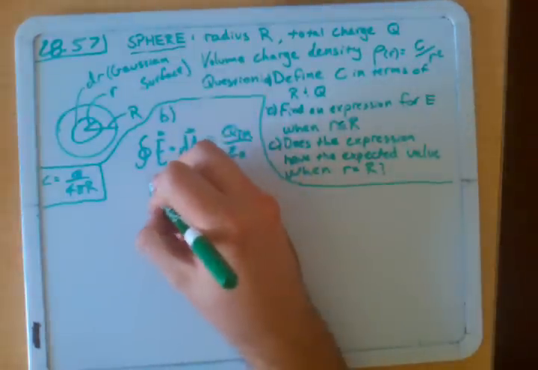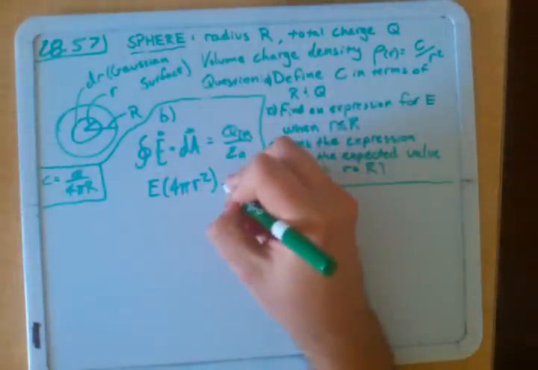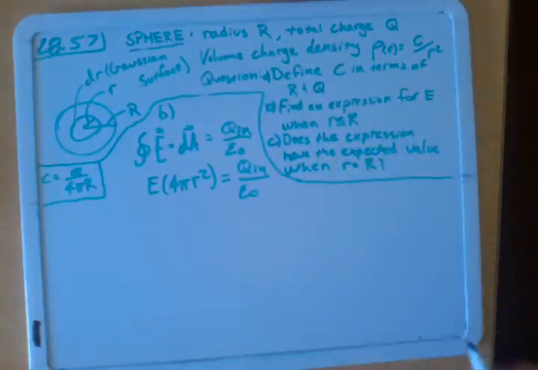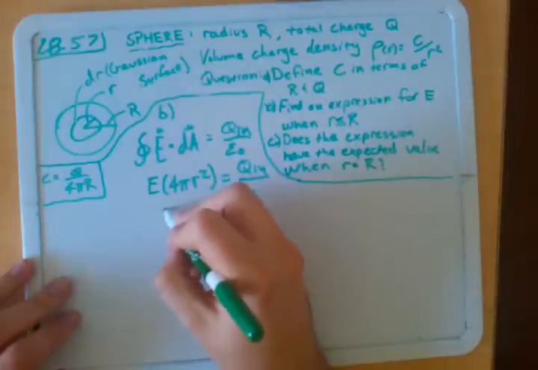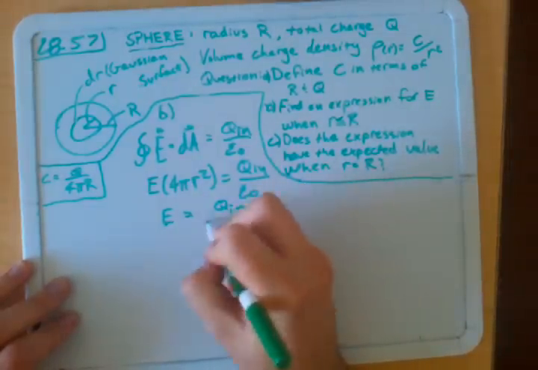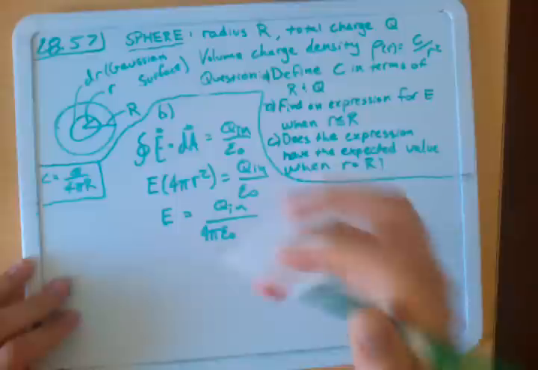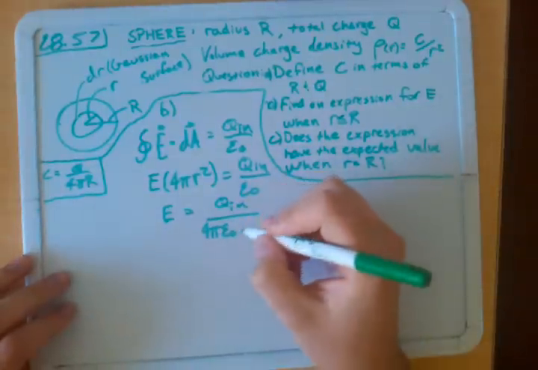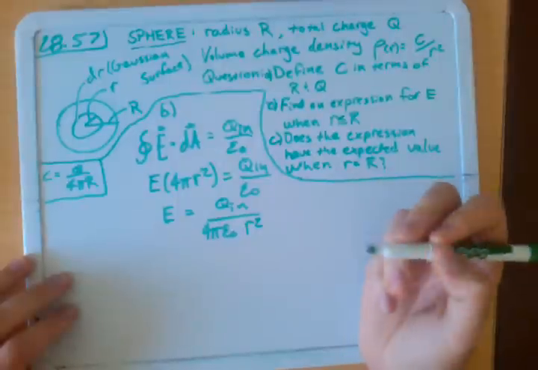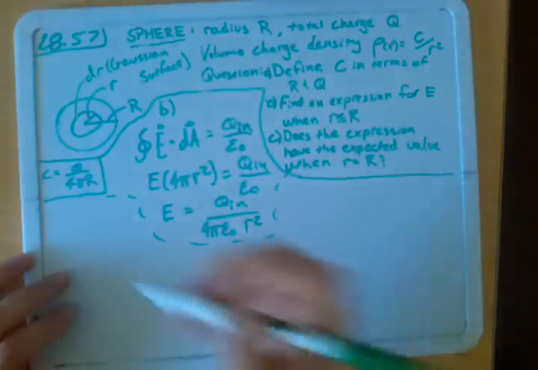So we're going to have E times 4 pi r squared equals q enclosed over epsilon naught, which in turn makes the electric field equal to q enclosed over 4 pi epsilon naught, which we remember 1 over 4 pi epsilon naught is k, the electric constant, times r squared.